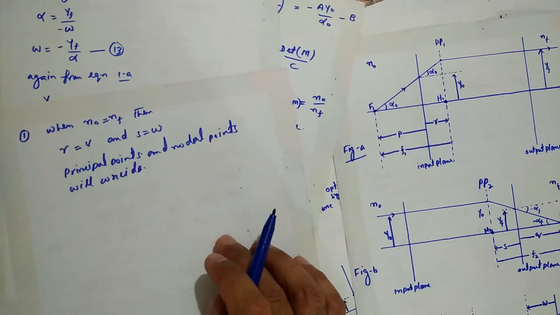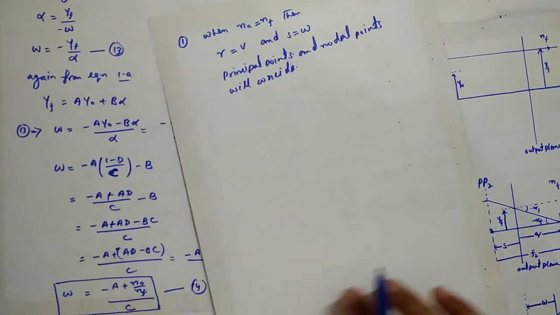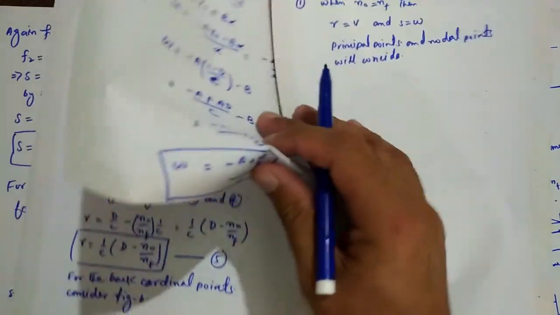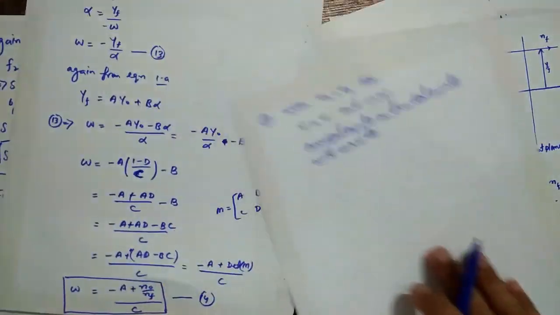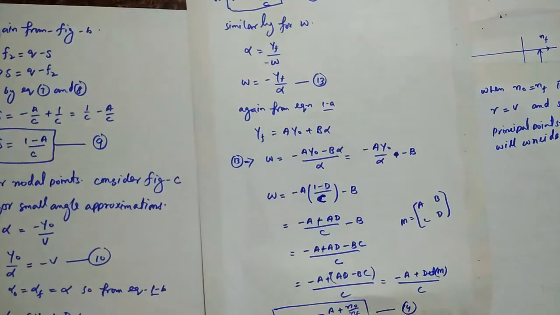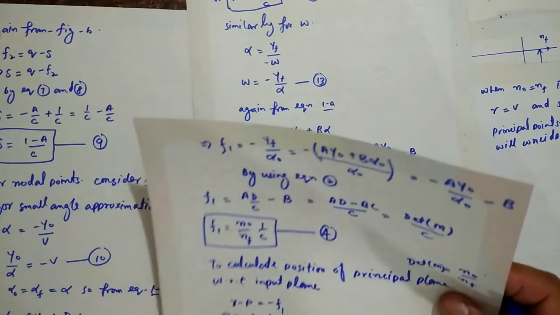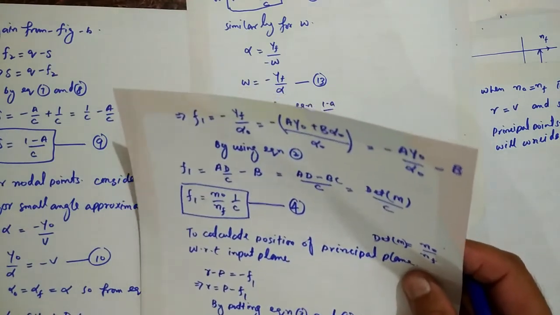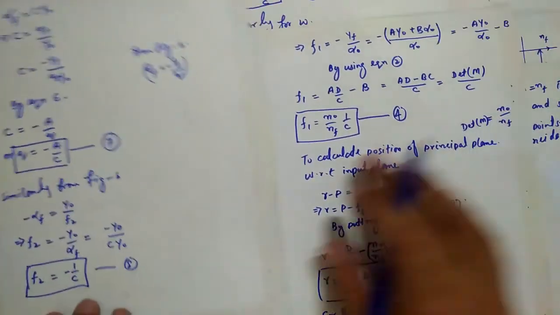Also, the first and second focal lengths of the optical system will become equal in magnitude, and you can see this from these equations which we calculated, F1 and F2. These are the two equations.